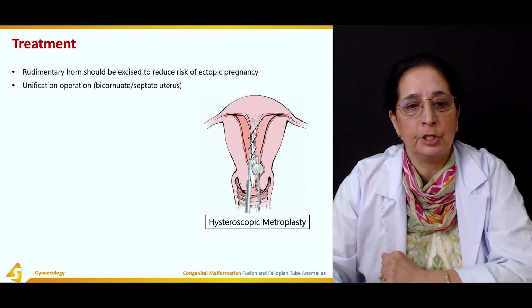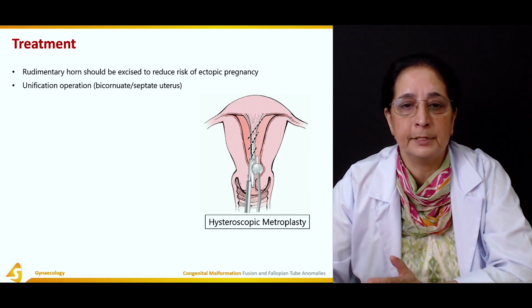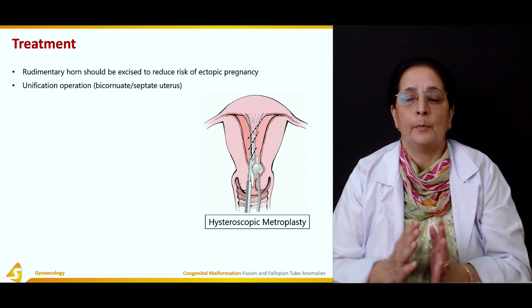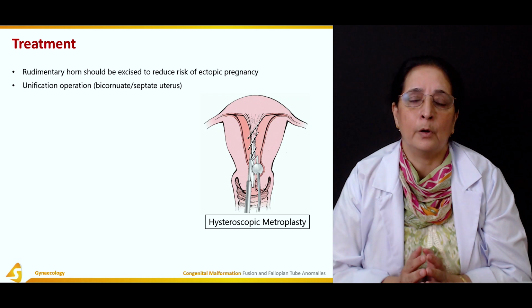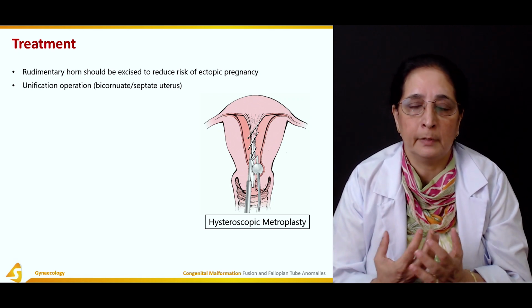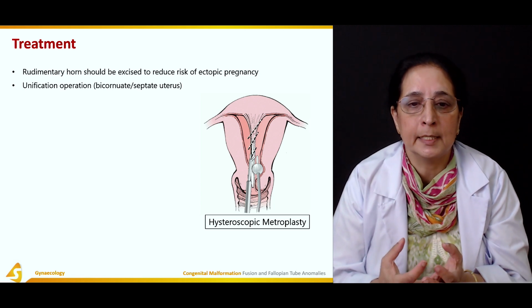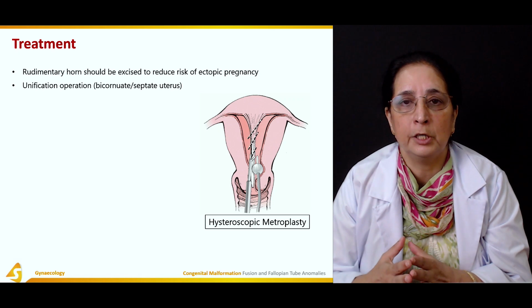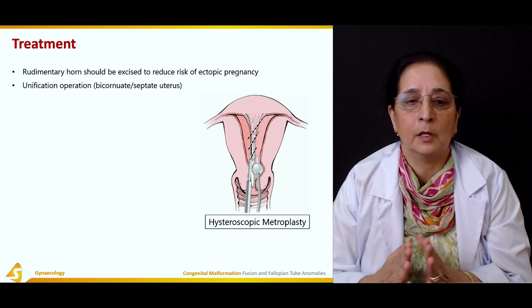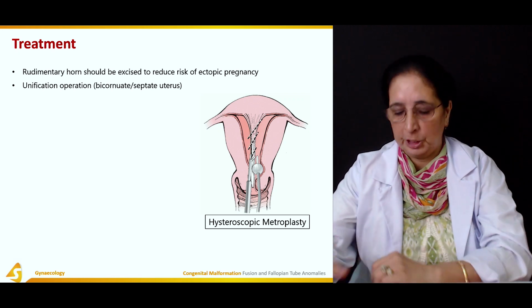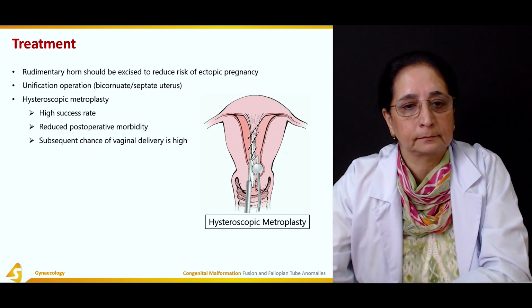Unification operation, especially if there is septate uterus or bicornuate uterus, an operative procedure is performed to remove the septum so the uterus will be able to hold the pregnancy, or in case of bicornuate uterus, the two cornua are united, and it's called unification operation.